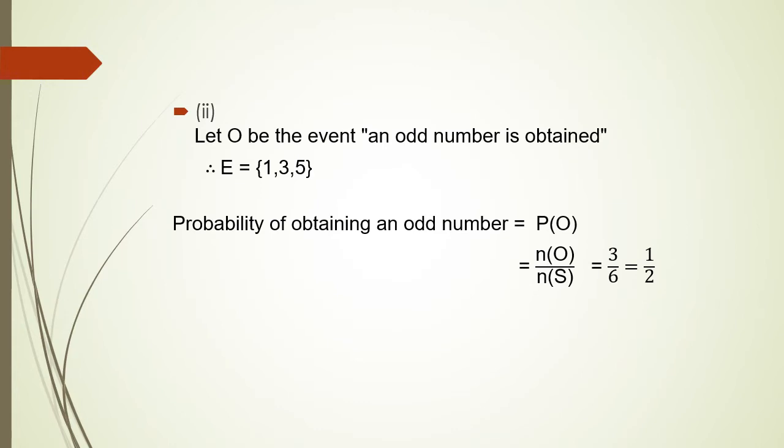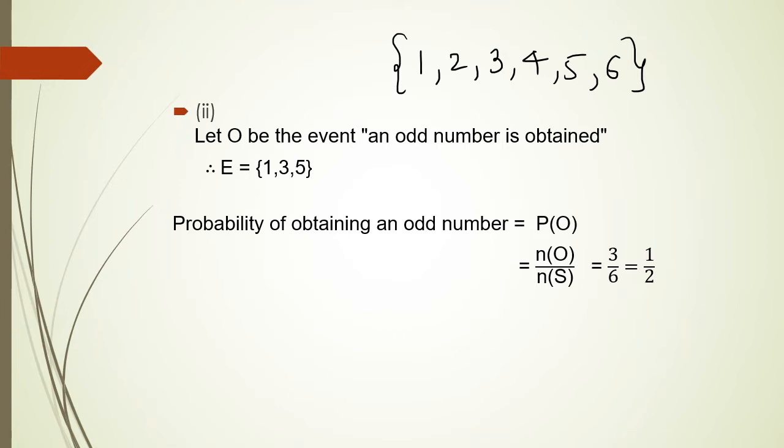Now for the second one, we have to find the probability that an odd number is obtained. Let O be the event that an odd number is obtained. The sample space that we have is 1, 2, 3, 4, 5 and 6. Out of the sample space, I want only those possibilities where the number is odd.